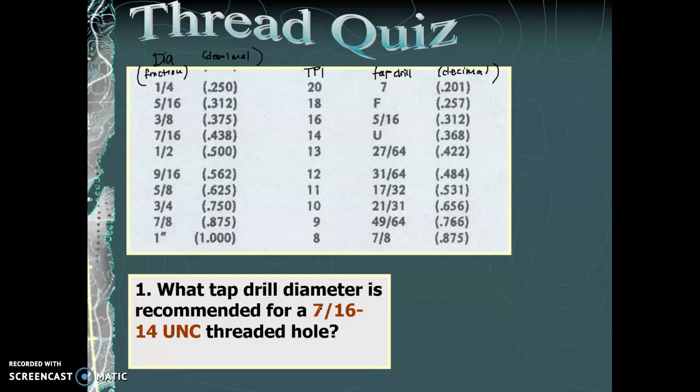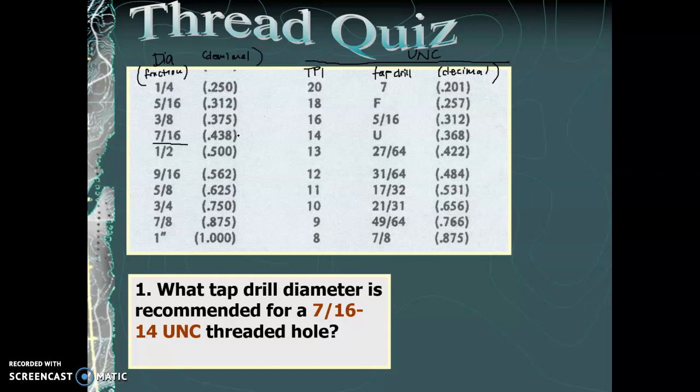Okay, so when the question here asks what tap drill diameter is recommended for a 7/16-14 UNC threaded hole, 7/16 is the major diameter. And I should also say that all three of these pieces of information, these first three columns here, are all for UNC threads.